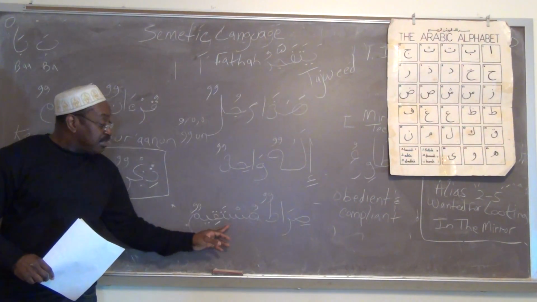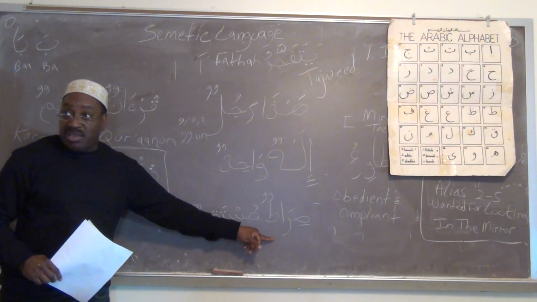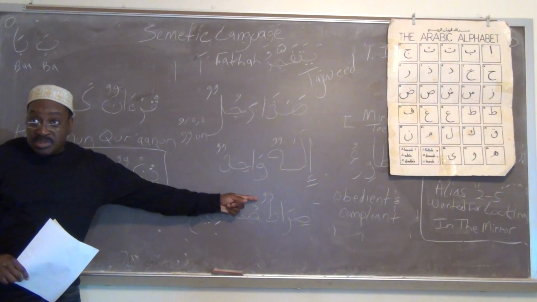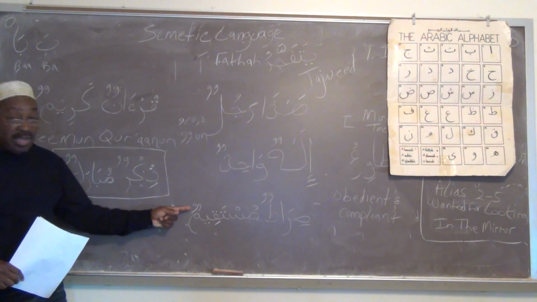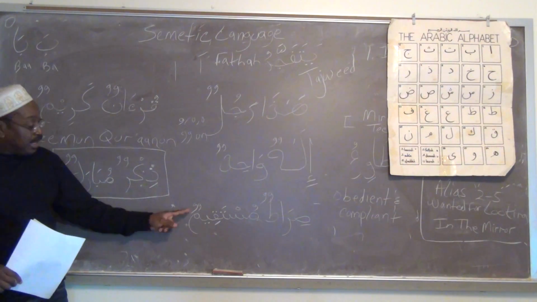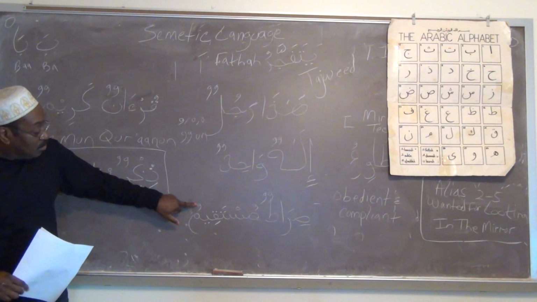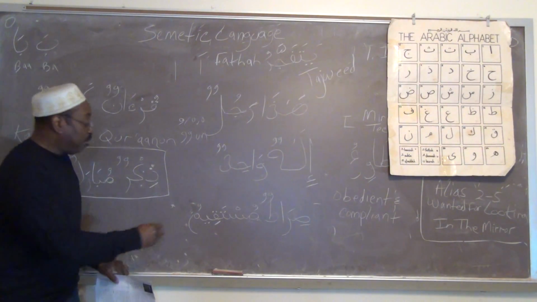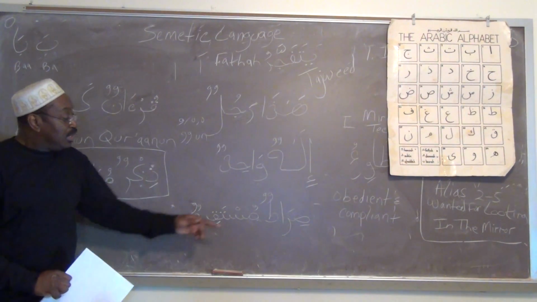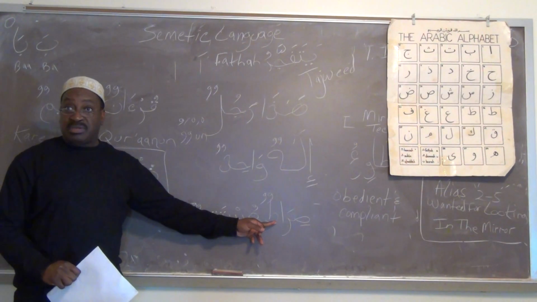The adjective always describes the noun. Notice their endings. They both end with tanwin, right? They have to be in agreement. I cannot have this one done there; I have to have both of them there, because this is describing this way right here.